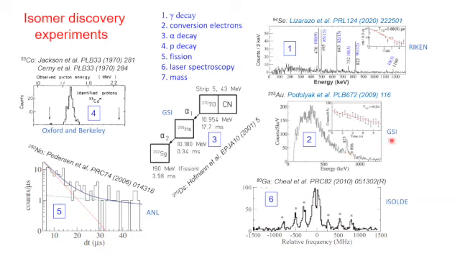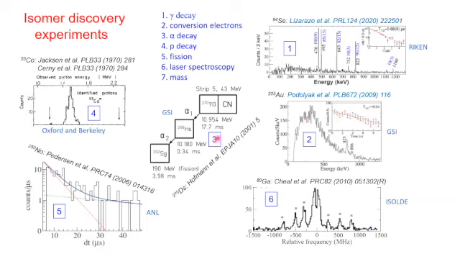This was measured at GSI, and these are conversion electron peaks. So this is the K electrons and the LM slightly smaller peak. And it comes with an associated half-life of 6 seconds.